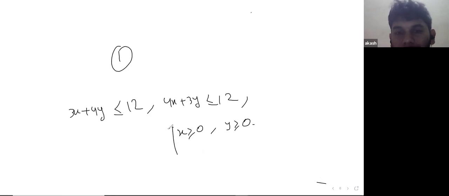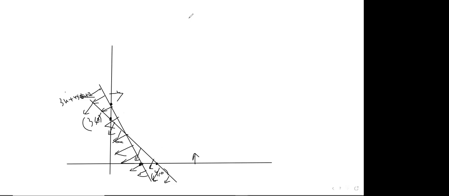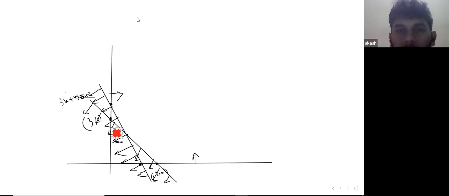And they have said x is greater than 0, y is greater than 0, that means this. So this is the area, right? Yes, sir. Quadrilateral. This is how to shade.